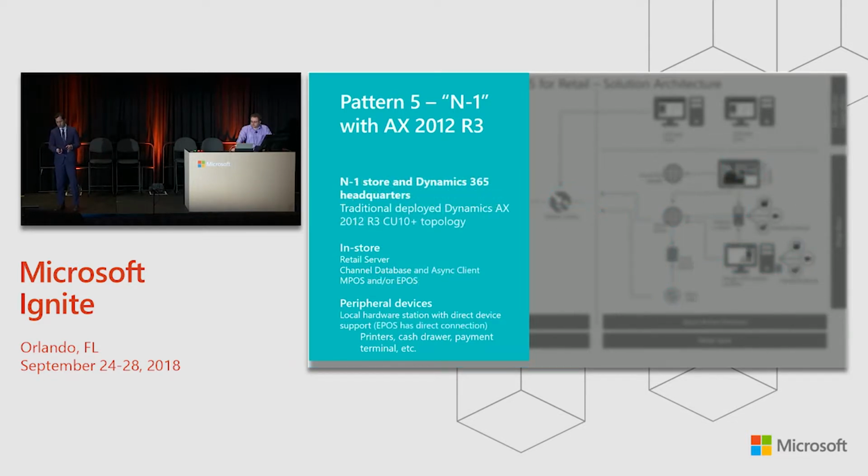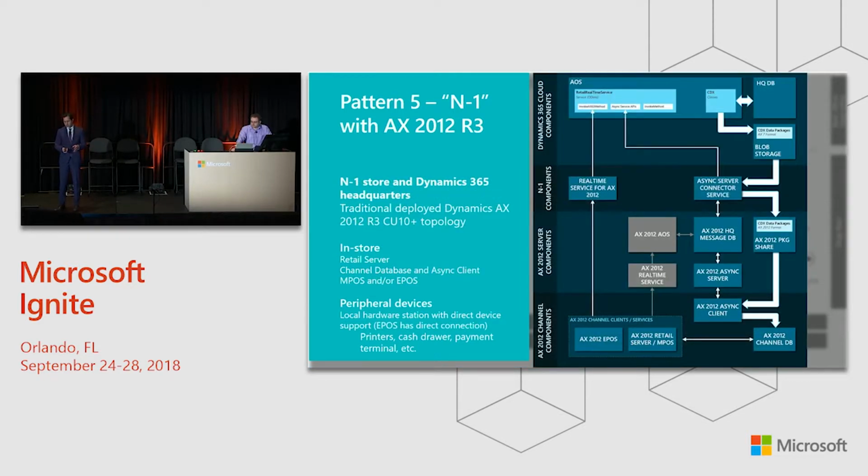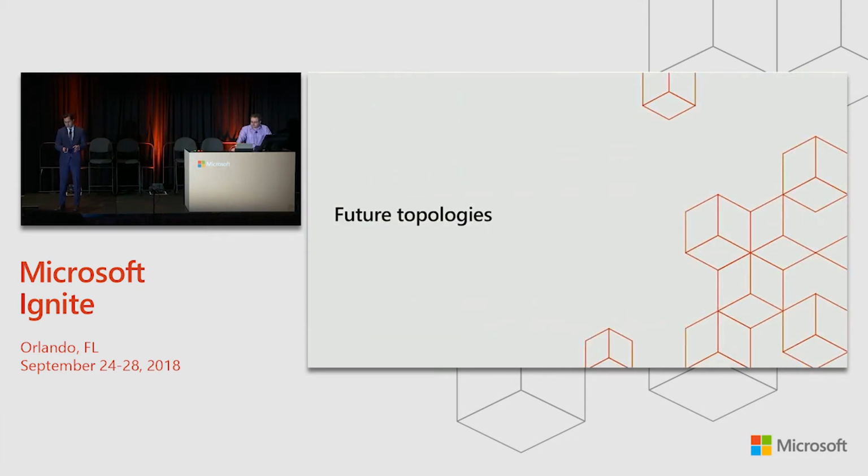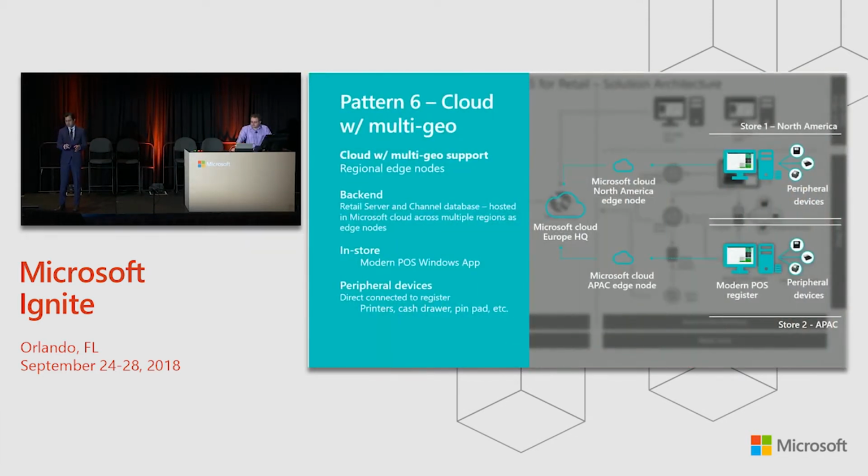Those are the components that are going to be in the edge nodes. So the HQ will be in the primary region, which includes your AOS and your batch server, DIXF, all of those components. The edge nodes are going to be for retail operations primarily. Any other questions before I proceed?